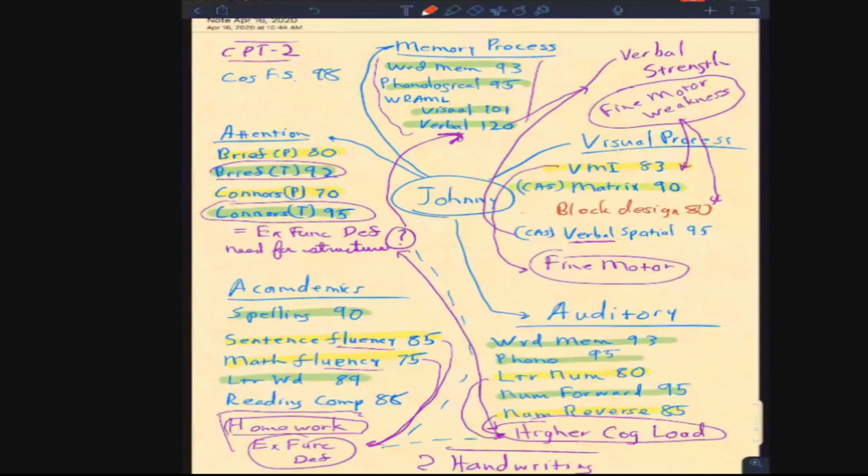So I would make all my low scores in red, all my high scores in green, and my lines in blue or black. Whatever method works for you, but I find taking the extra few minutes and having 4 pens open and ready to go, when the color finally comes out, it's really easy to see the reds. It's really easy to see the greens that you've written the good scores in. The black lines kind of fade into the background. You would make most of these lines black, and then use your blue lines to make your connections. Whatever color works for you, but take the time to use the color.